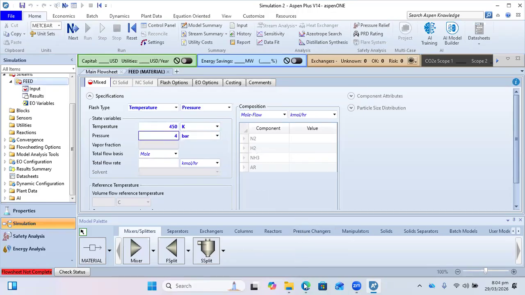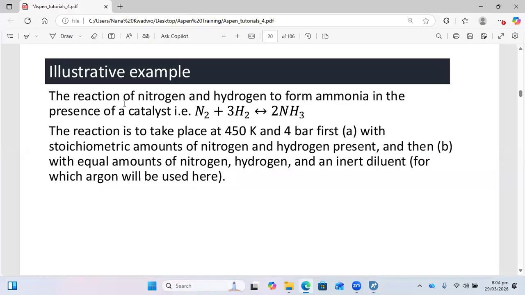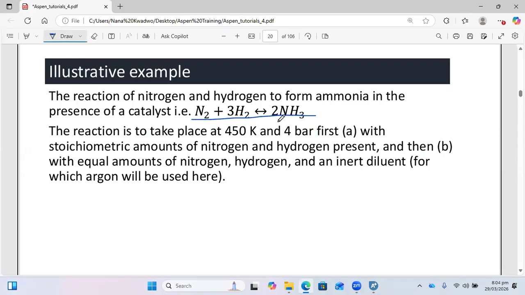Now, the first part of the question said that we are feeding in stoichiometric amounts of nitrogen and hydrogen. So what that means is, based on the balanced stoichiometric equation we have up here, if we feed in 1 mole of nitrogen, we need to feed in 3 moles of hydrogen. That's what we are just trying to say, right? So you can decide to go ahead and do the calculation.